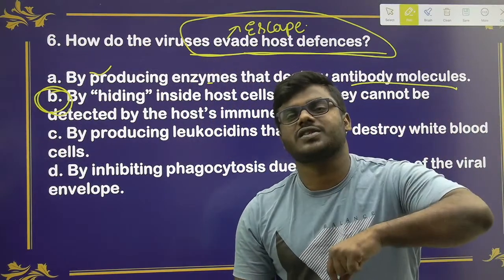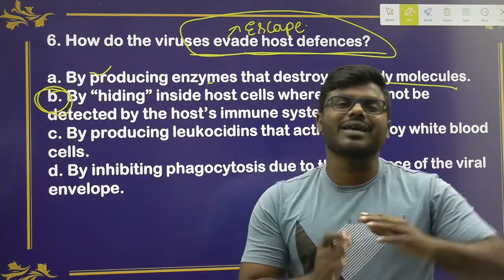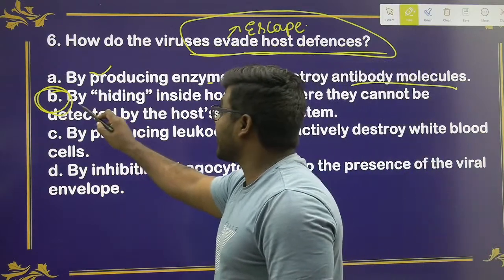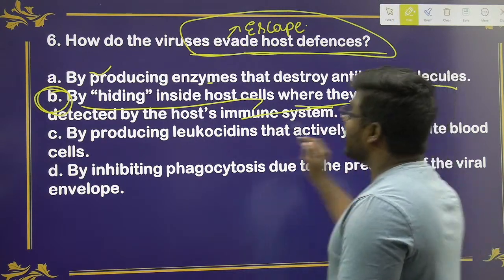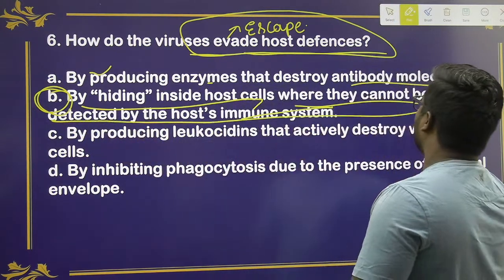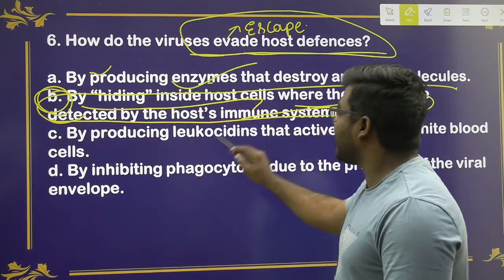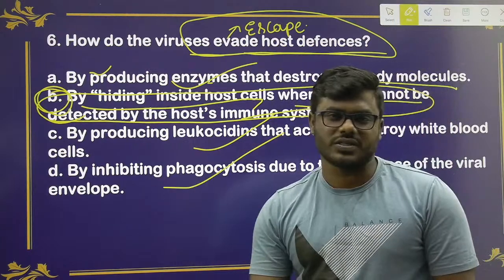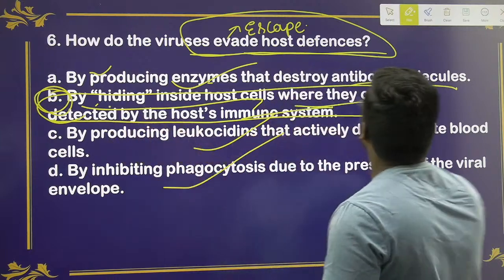For that, the virus has to enter, and to do so, it has to hide from our immune defense molecules. Hence the correct answer is by hiding inside the host cell where they cannot be detected by the host immune system. Once they are hidden, they produce all the enzymes, leukocidins, and then they can inhibit all the processes. The most appropriate answer will be B.